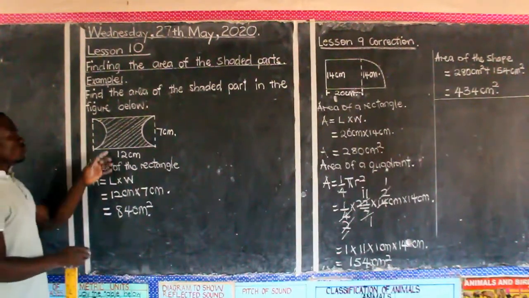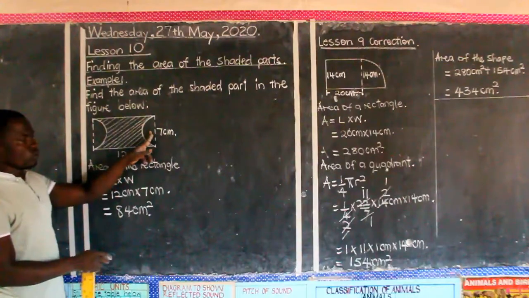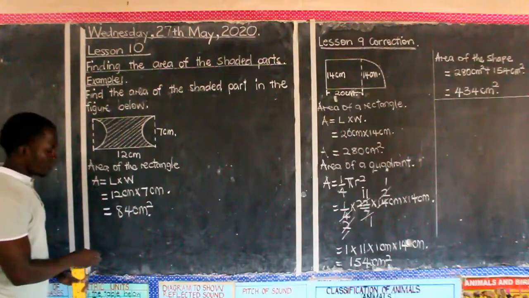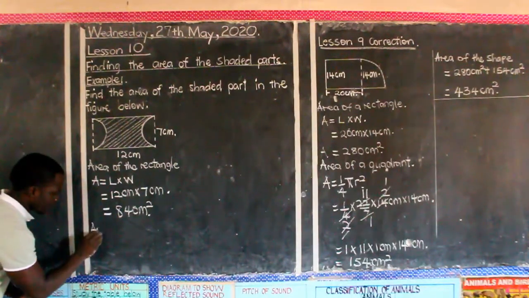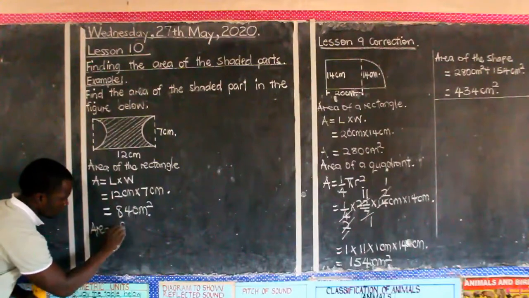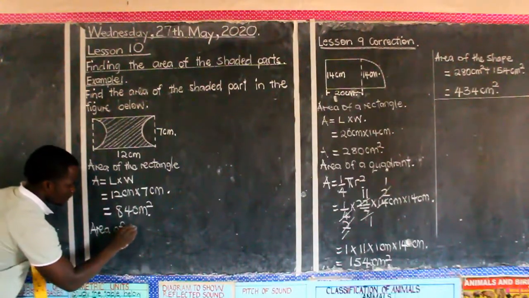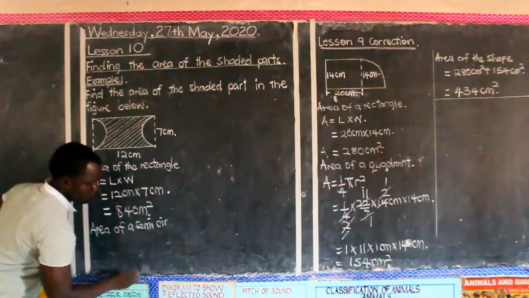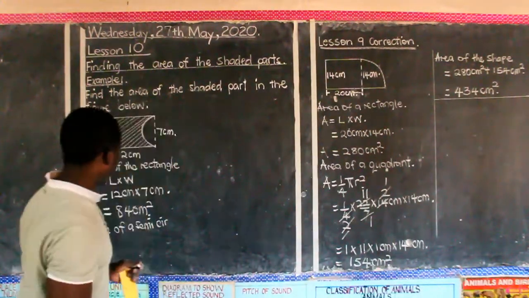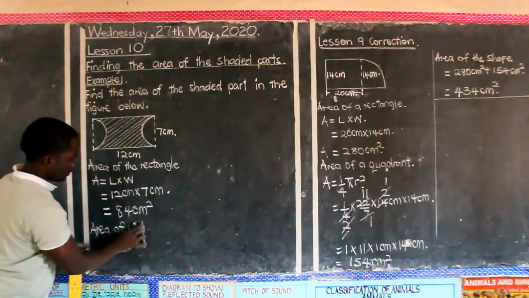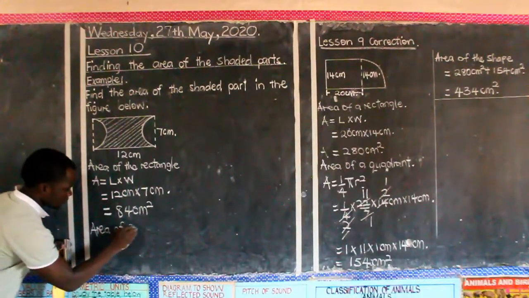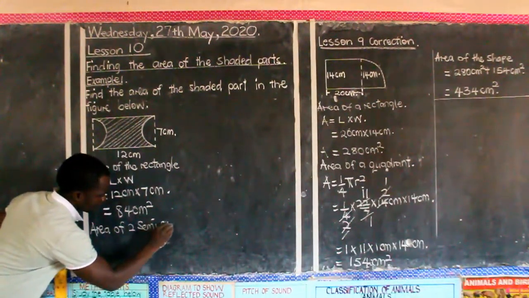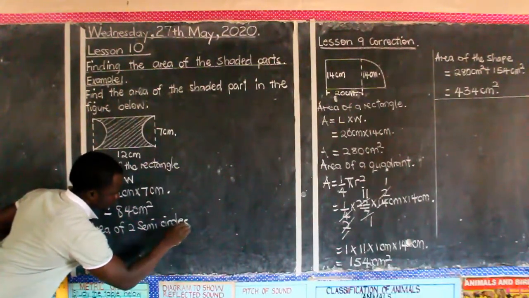Now, we are going to get the area of this semicircle and this semicircle, because they are the figures inside the big figure, which is a rectangle. So we say area of two semicircles.